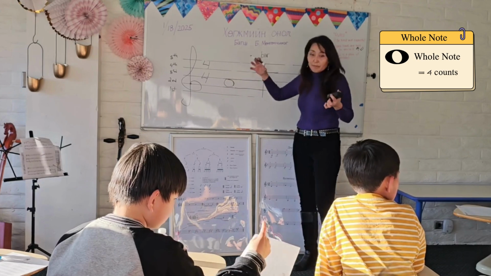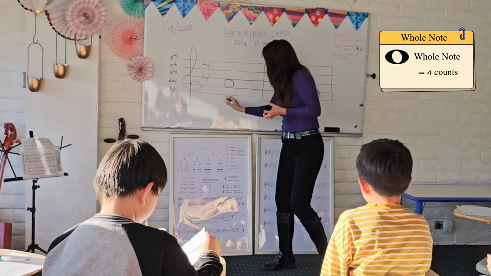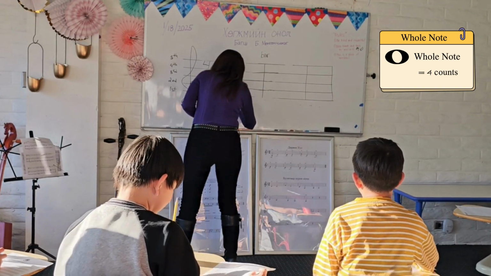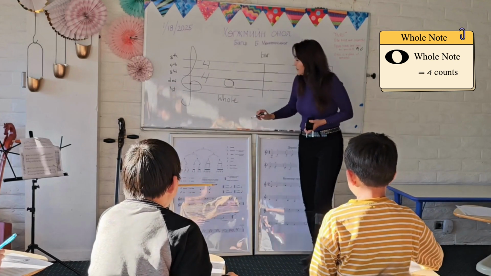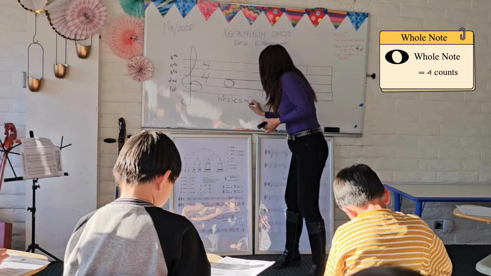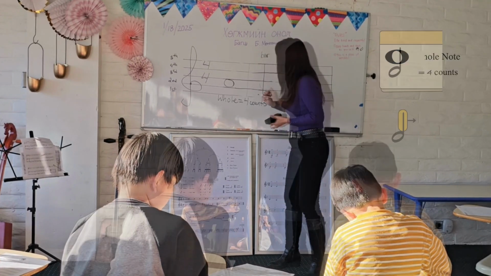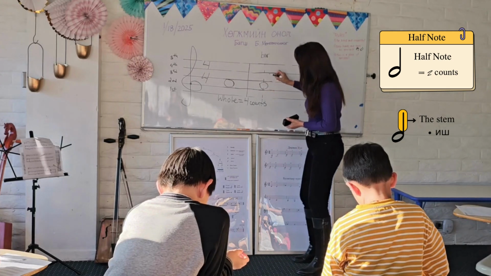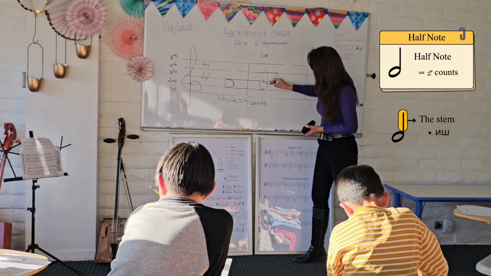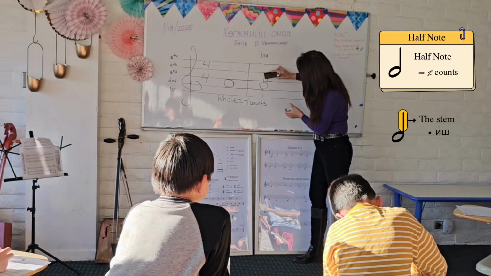If you see this big giant white circle, it's called a whole note. That equals 4 counts. So we have the same note, but we're going to add a little line.